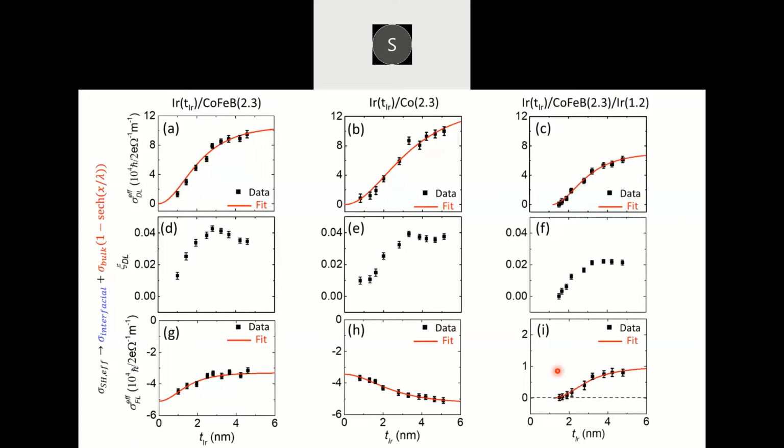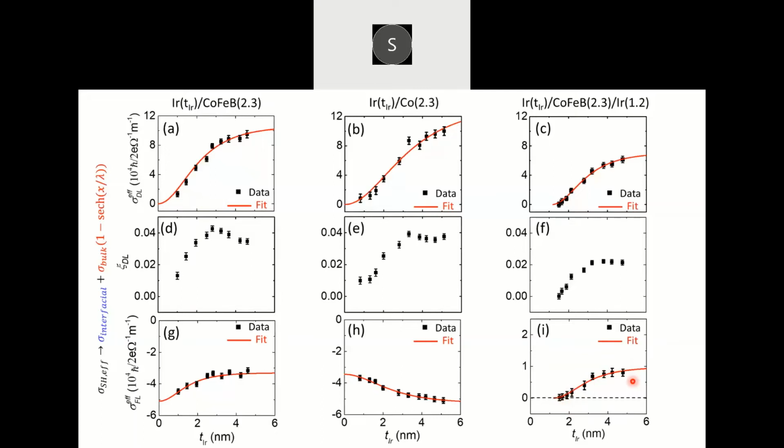And there we can see that when both interfaces are symmetric, the field-like component is almost 0 or negligible. But we can also see there is a drastic change in the saturation value, which implies there is cancellation from the top side and bottom side.